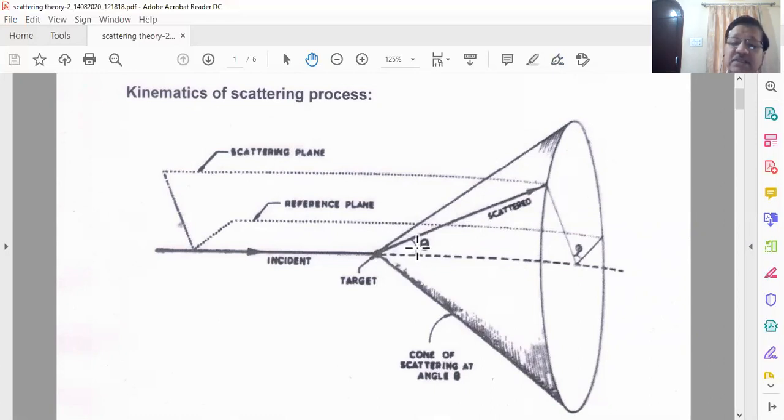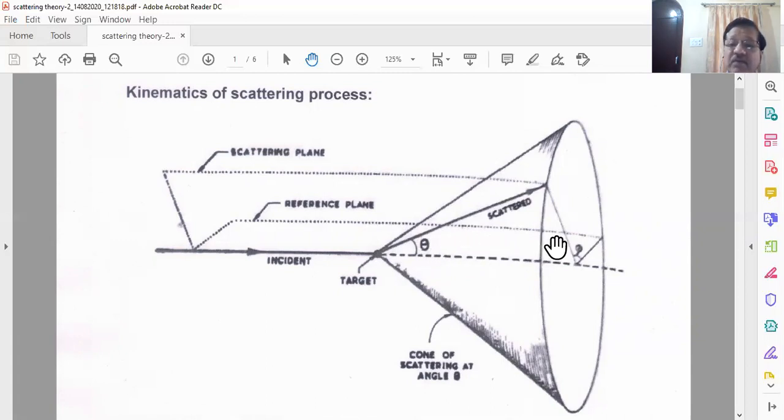This angle theta we have defined as the angle of scattering, the angle between the scattered particle and the incident particle. This is the direction of the incident particle, and this is the direction of the scattered particle.